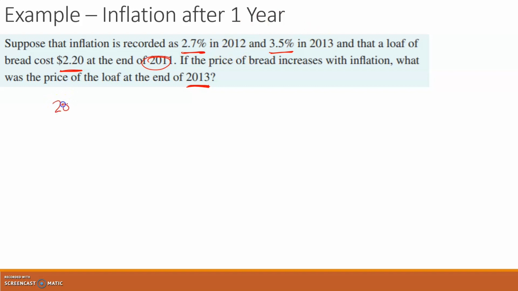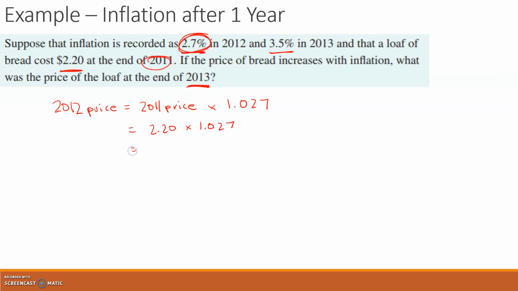So therefore, the 2012 price is going to be equal to the 2011 price, but increased by this percentage here for the 2012 increase. So that's the 2011 price multiplied by 1.027 to increase it by 2.7%. So the 2011 price was $2.20, and we're multiplying that by 1.027.